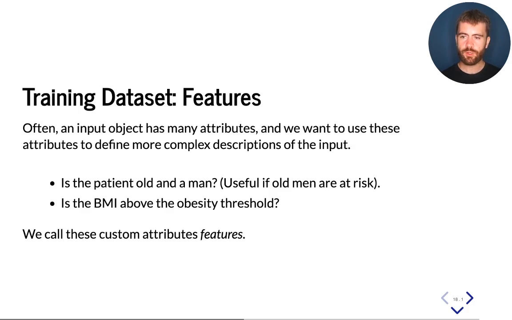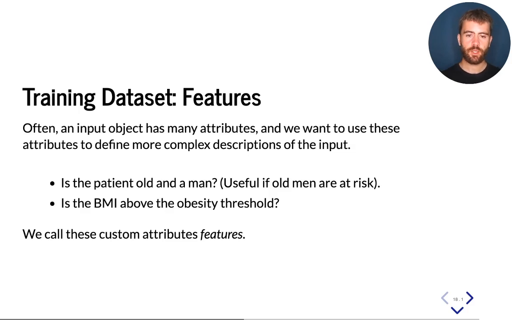So this requires us to look at a combination of two attributes, whether the person is a man and whether the person is old, where old means some definition that could vary. And if both of these are true, then we would want to add another attribute to our vector that is an indicator of whether the person is an old man or not.